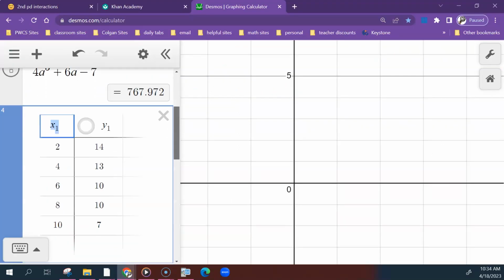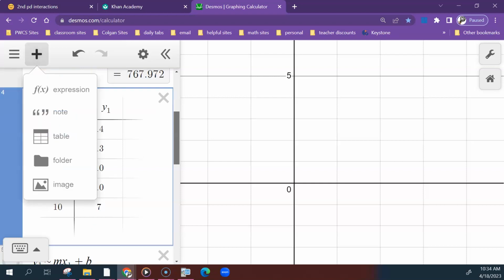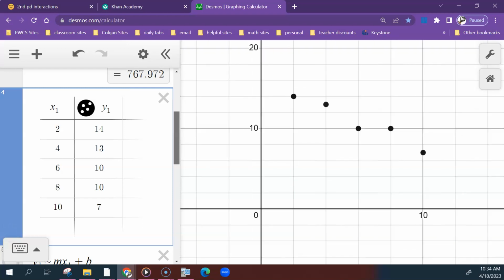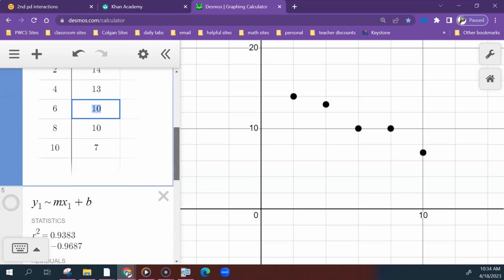So you would have to first add in a table, put in all of your values of that table. After you have those values, if you want to see these points, you can hit the magnifying glass, and it'll take you to where those points are.